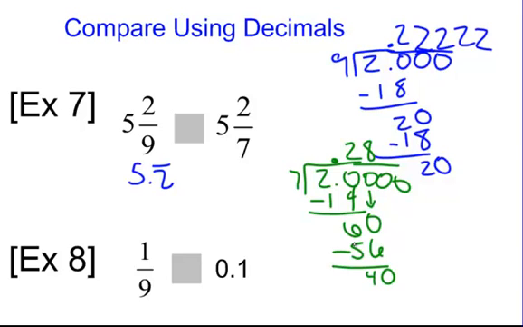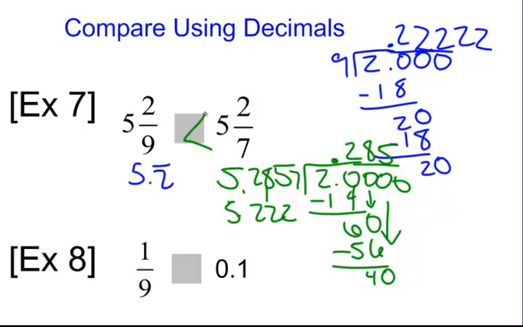Subtract, we get 4. Bring down a 0. 7 goes into 40 5 times. I think we could probably stop there. So that's going to be about 5.285. Now, this is 5.222. So if we line those up, 5.222, look, this is bigger because it has the 8 on it. Okay, so we know that this is bigger.